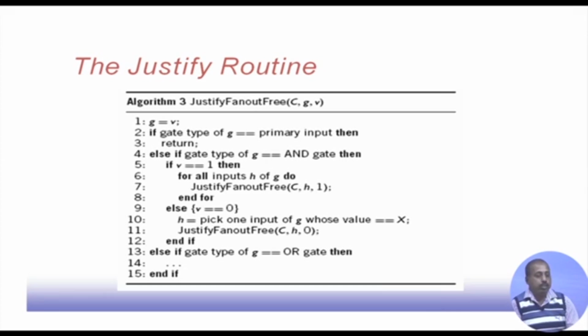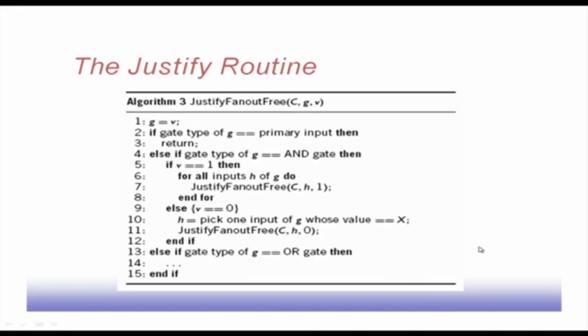We call the routine justify fan out free C, H, 0. It will put a 0 value at that particular point H. This way it can continue. This is a recursive routine, and if after some time it finds that we cannot proceed further, then it will pick up some other input and try with that. If we try one input and it fails, we can try another input.